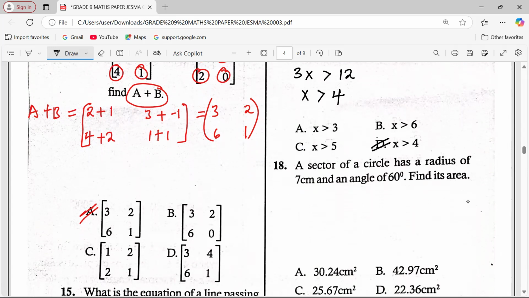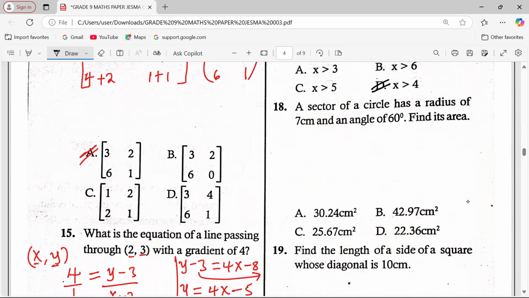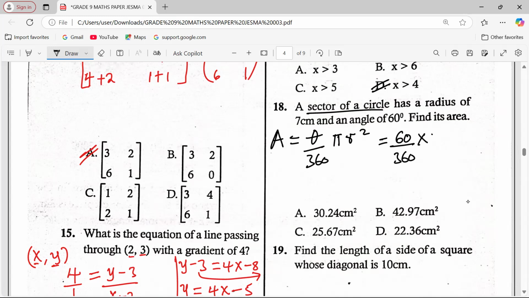Number 18, a sector of a circle has a radius of 7 centimeters and an angle of 60 degrees. Find its area. So we are talking about a sector of a circle. Area of a sector is given by beta over 360 times pi r squared. So this is beta, the angle at the center, over 360 multiplied by pi.